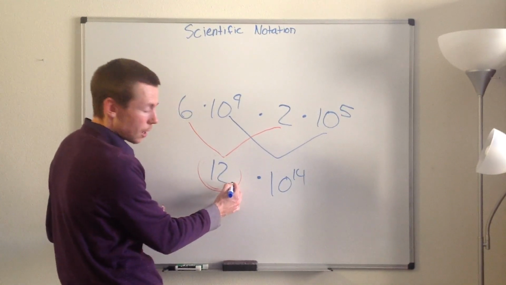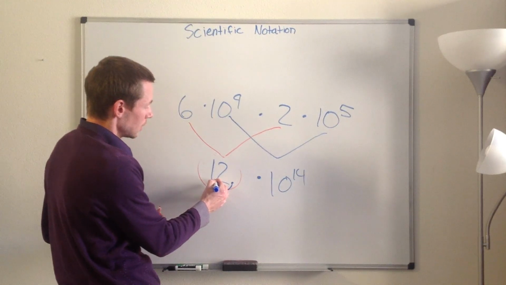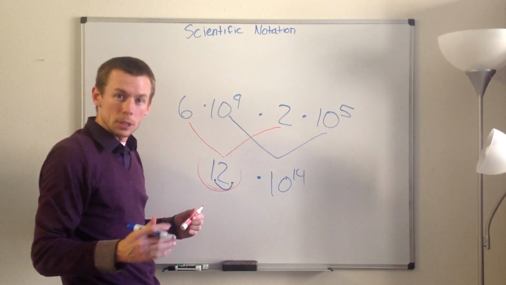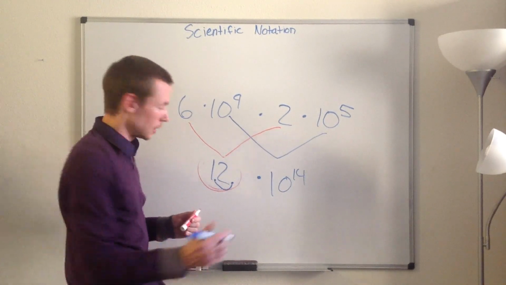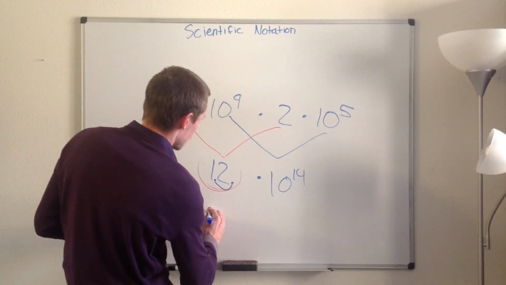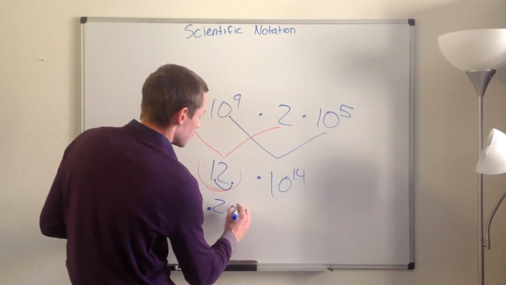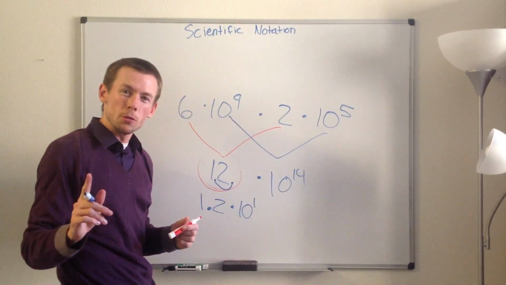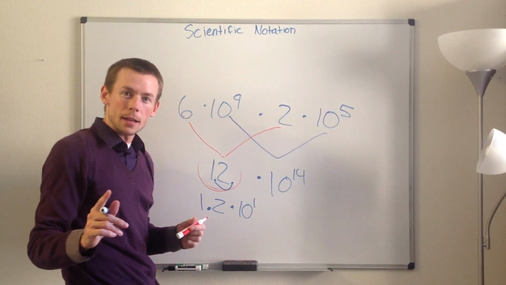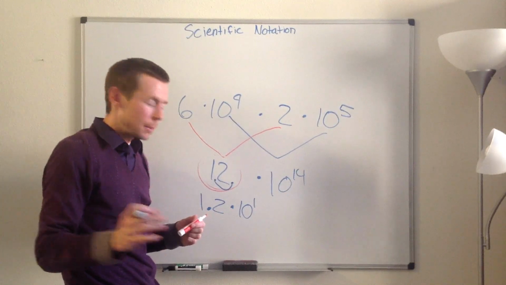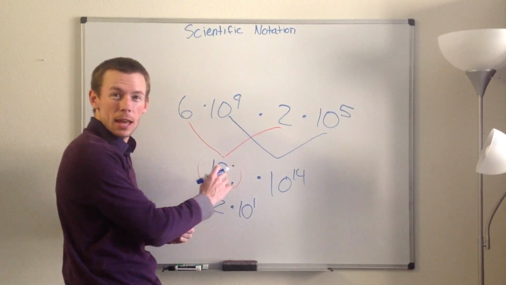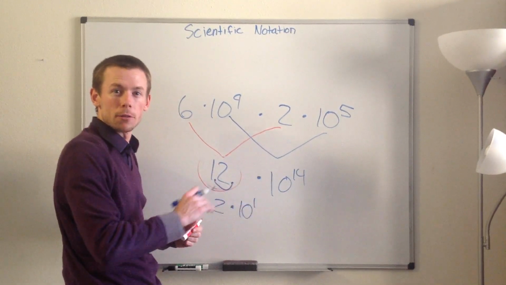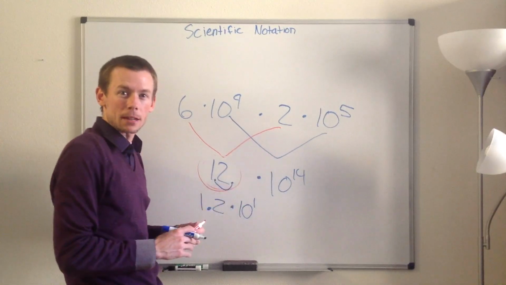So if I start at 12 and I move it once, is 1.2 between 1 and 10? Absolutely. So it becomes 1.2 times 10 to the 1st because we only moved it one spot, and we use a positive 1 because we want to represent that bigger number, 12, by moving it back to the right.